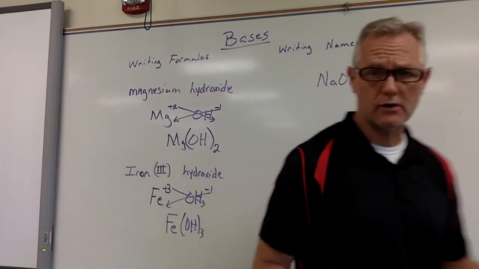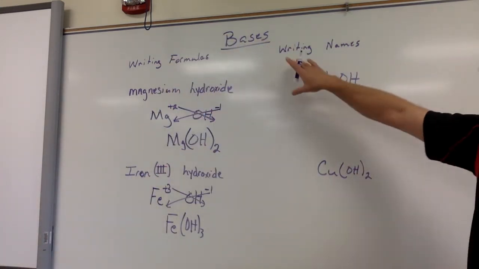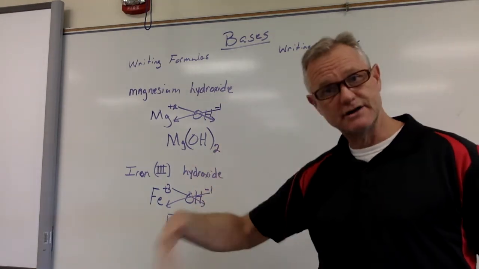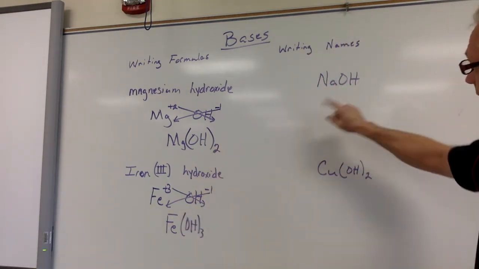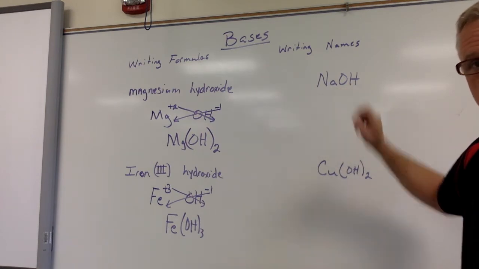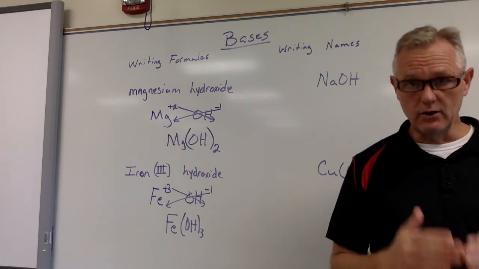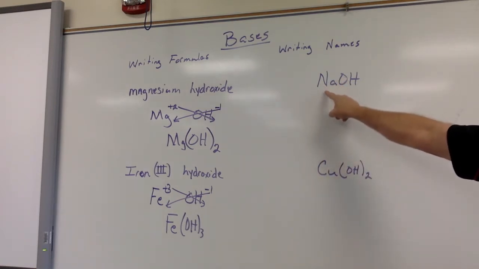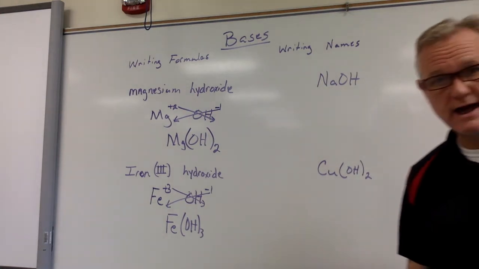As we come across and look at how you write the names of them, it's the same thing, just the opposite. I'm going to look up here, and I notice right off the bat that it's a polyatomic and it's an OH. So I know that OHs are hydroxides. I look at my metal and ask, is this metal a transition element?